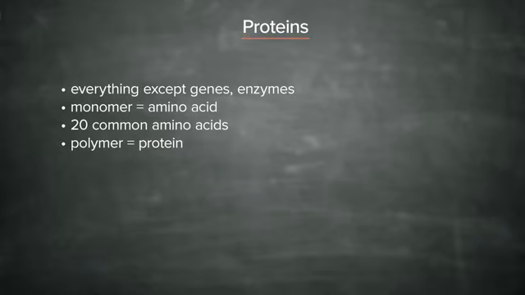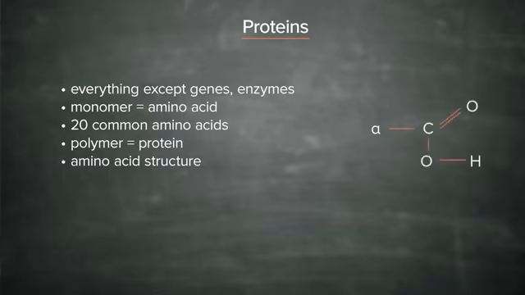The structure of the amino acid is built around something called the alpha carbon. And I'll draw the chemical formula because it's the easiest way to think about it. If this is the alpha carbon, it has on one end a carboxyl group, on the other end an amino group, and a hydrogen.